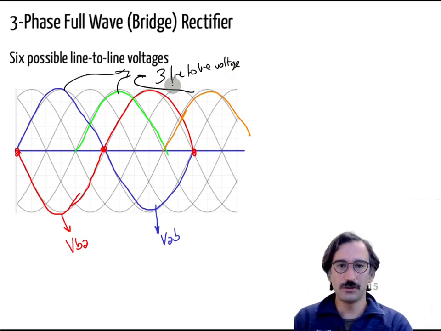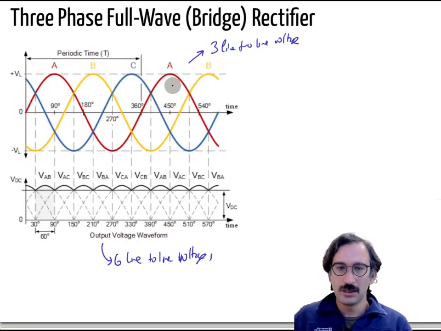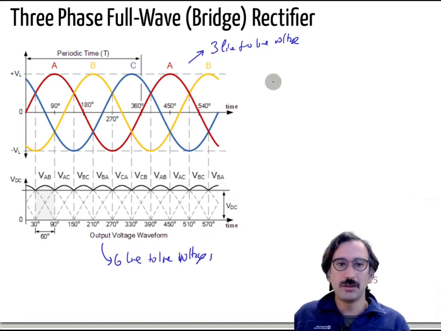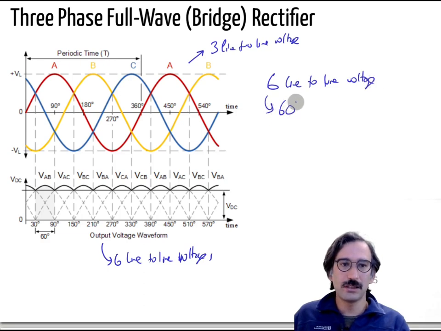So you don't have to worry about the waveforms, but at the end of the day, I have 6 line to line voltages. And now those waveforms are not 120 degrees apart, but they are all 60 degrees apart.